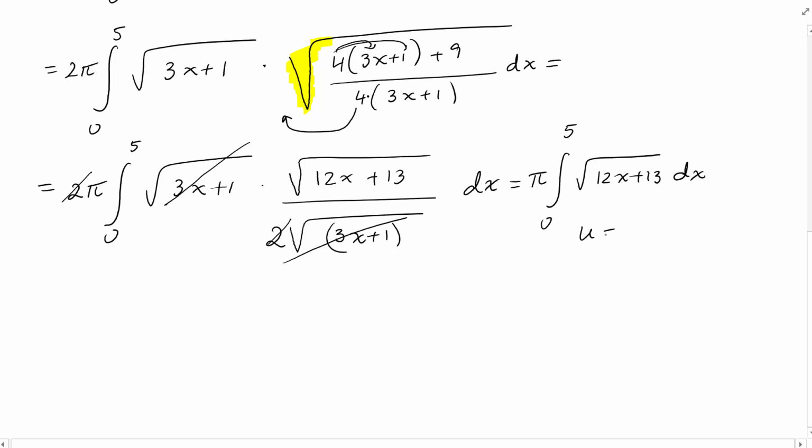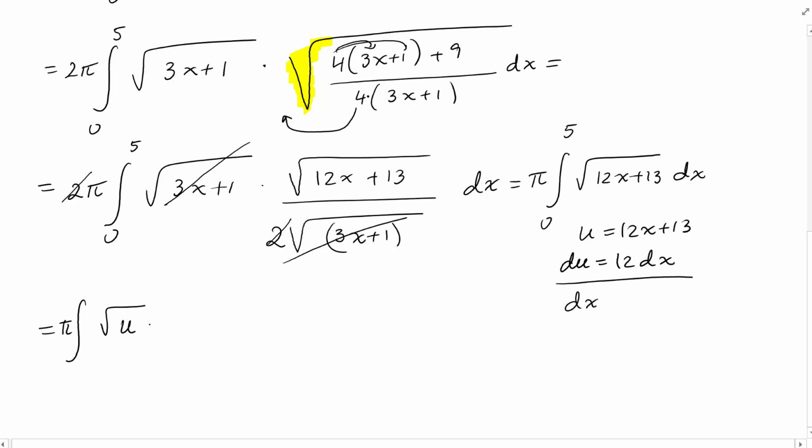So u equals 12x plus 13, du equals 12 dx. So our integral now is pi integral of square root of u times dx, which is du over 12. So this 12 can be moved outside.